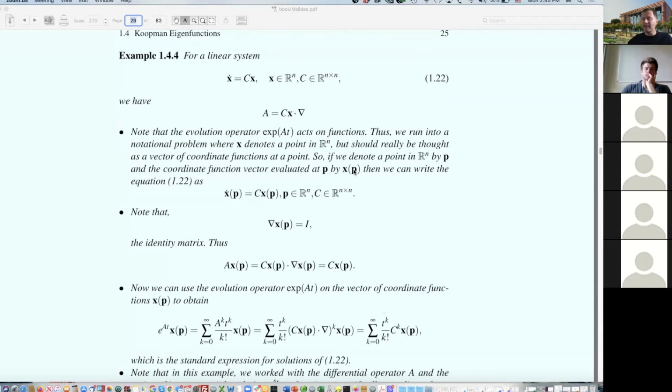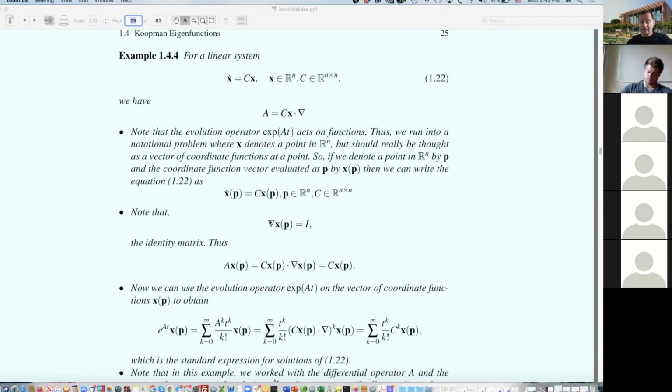And p is an abstract point, it has nothing to do with a number. It's just an abstract point in the space that you can describe by n numbers. All right, so now we know that x are actually functions, and the Koopman operator can act on functions. So we are set up to consider this set of ordinary differential equations that are now equations that tell us how functions evolve.